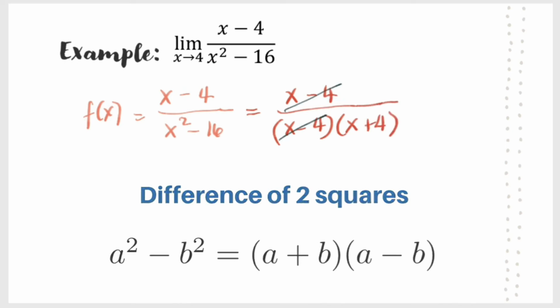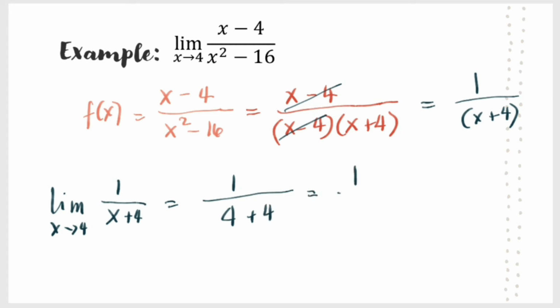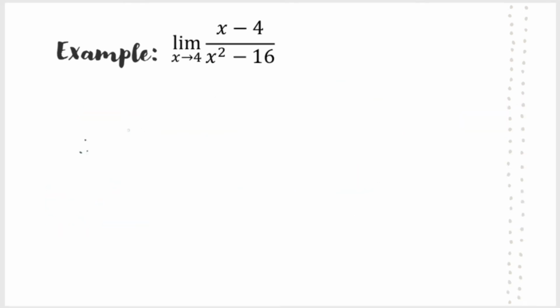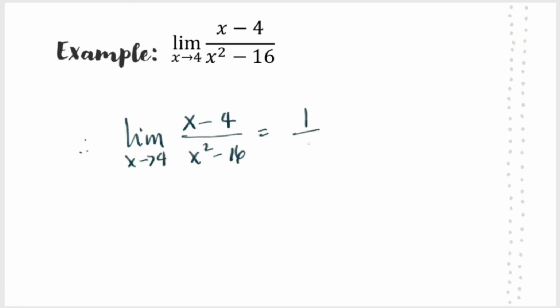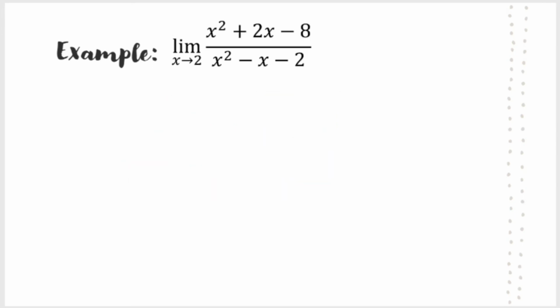Cancel x minus 4, then our g of x would be 1 over x plus 4. Finding the limit of 1 over x plus 4 as x approaches 4, we directly substitute, and then we have 1 over 8. Therefore, the limit of x minus 4 all over x squared minus 16 as x approaches 4 is equal to 1/8.